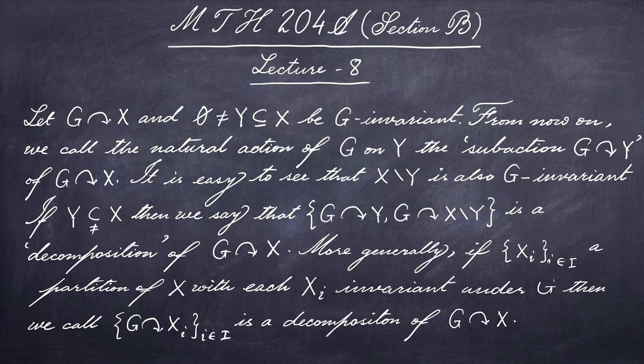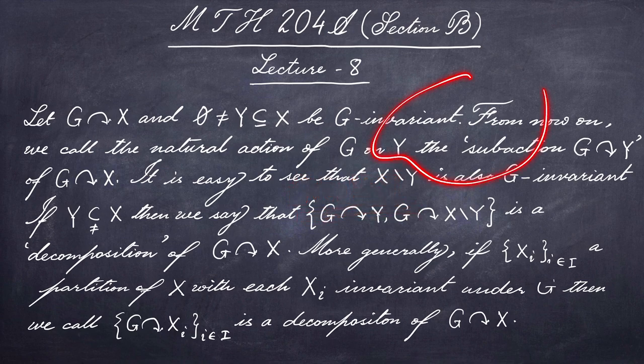Furthermore, if Y is proper, then its complement will be both non-empty and proper. So thus we obtain a natural action of G on the complement of Y as well.